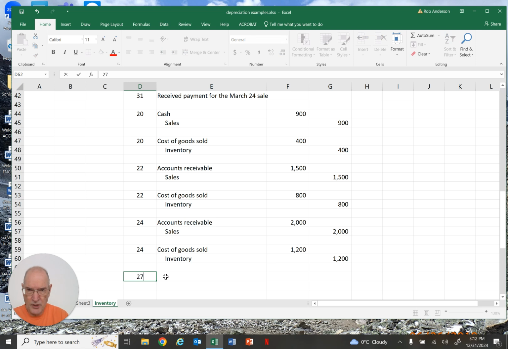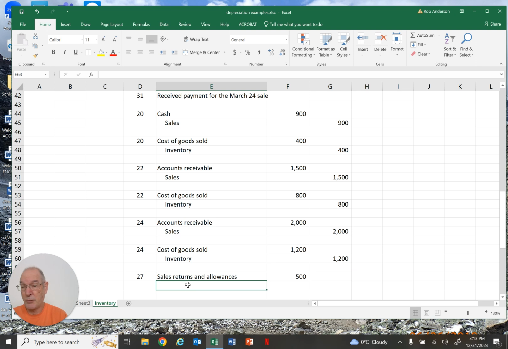So on the 27th, we no longer have a sale, do we? But we don't debit sales to reduce it. We debit a new account, sales returns and allowances. And we're going to credit accounts receivable because they don't owe us the money anymore.